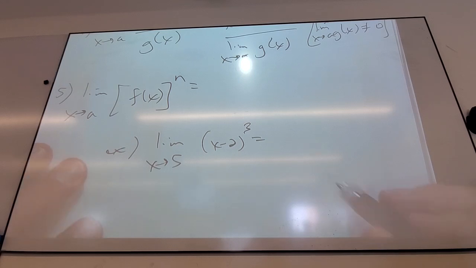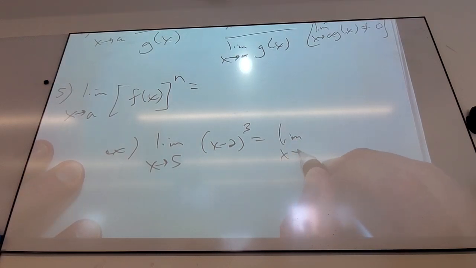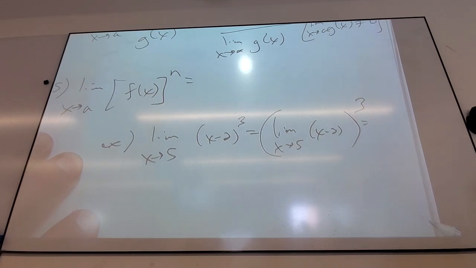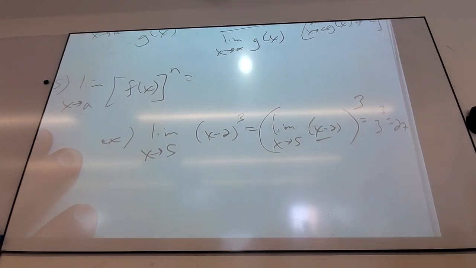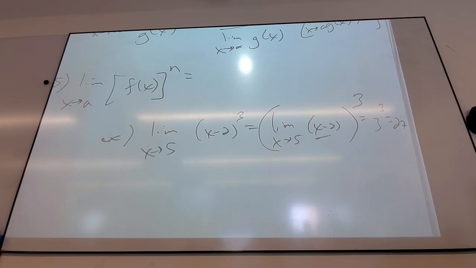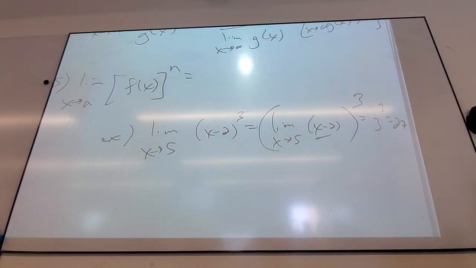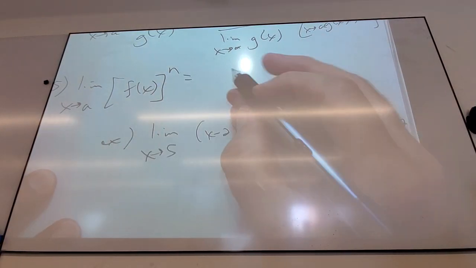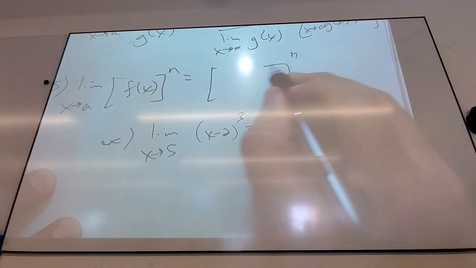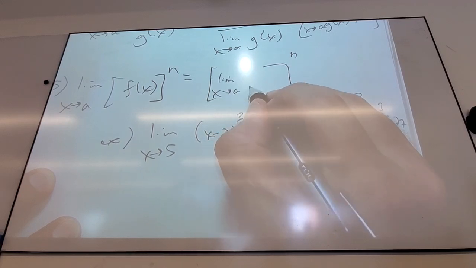You plugged it in. The limit as x goes to 5 of x minus 2, all cubed. That's where you got 3, and then you cubed it. So you did the limit in that order, correct? You did 5 minus 2 first, which means you brought the limit in. So the general rule then is the limit of the nth power of f of x is equal to the nth power of the limit of f of x.